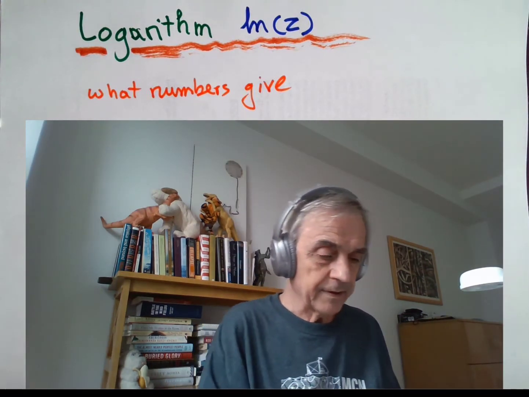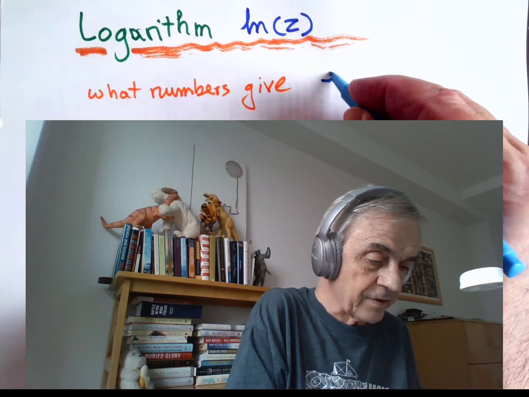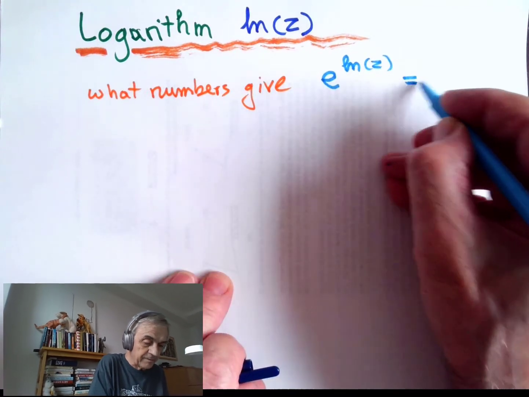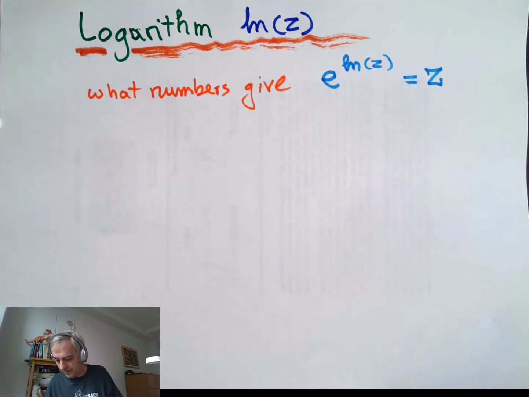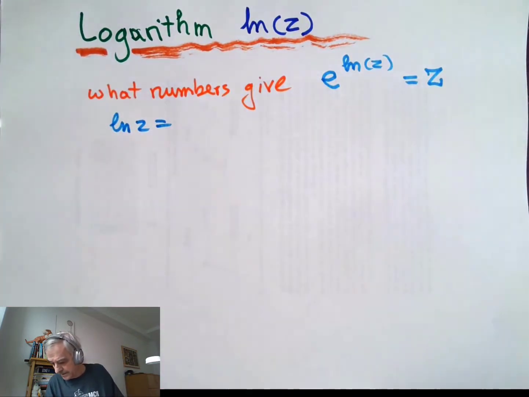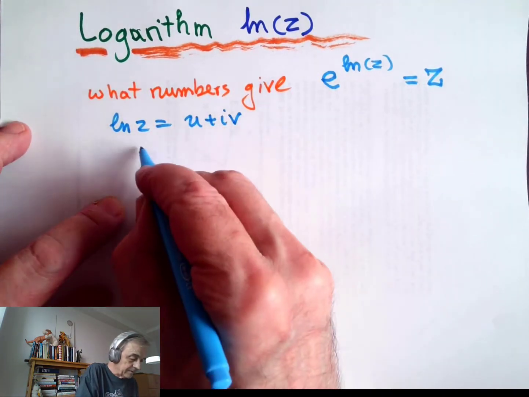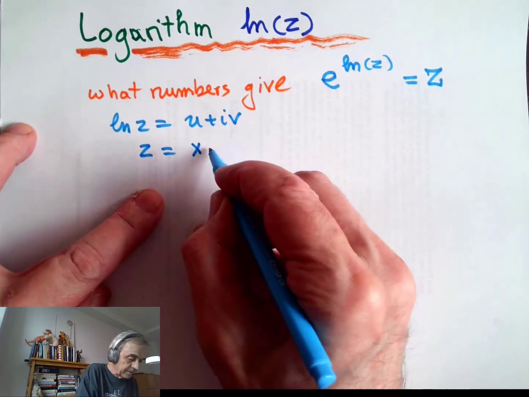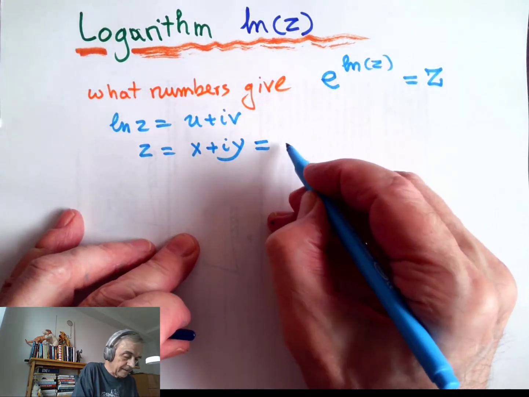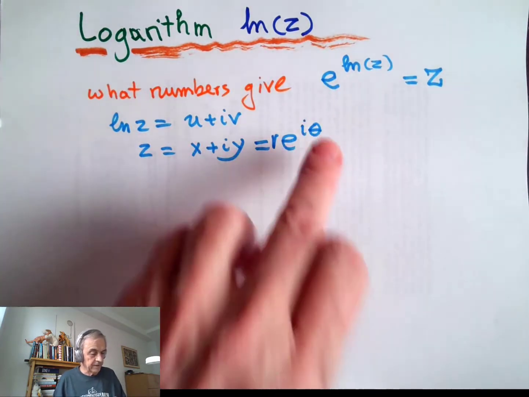So what's a logarithm? It's a function such that if I exponentiate the logarithm of z, I should get z back. It's an inverse of the exponential. Let's say that the logarithm of z is u plus i b, and z itself is x plus i y, or more usefully, r e^{iθ}, magnitude and complex phase.